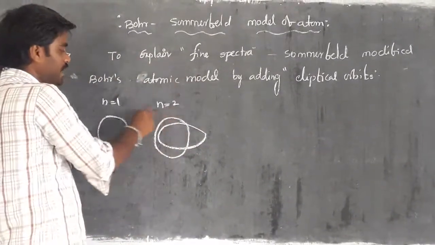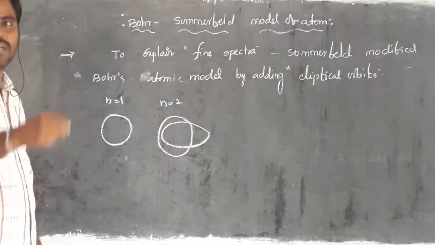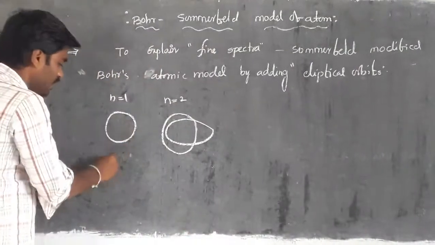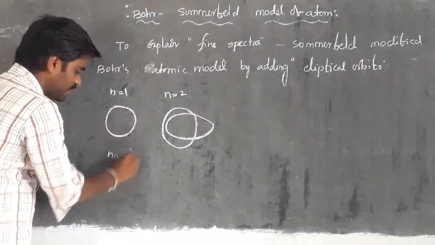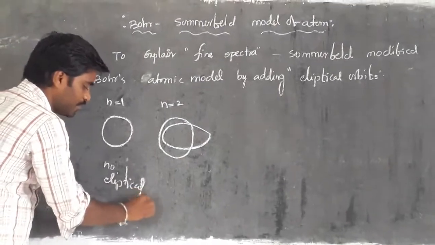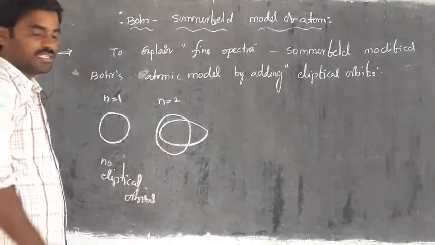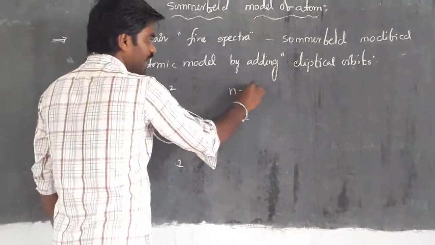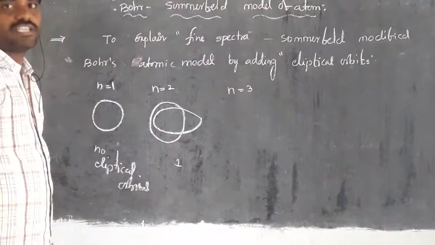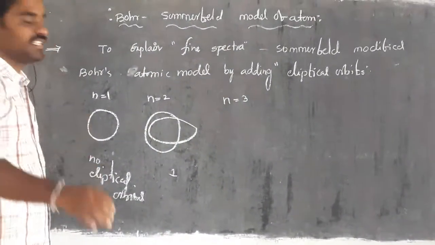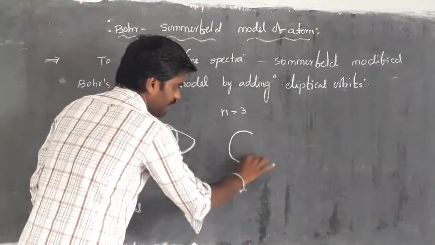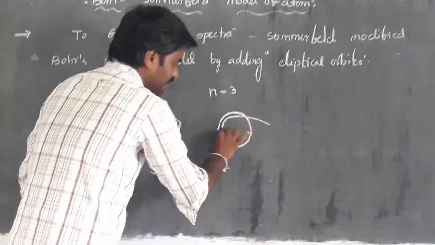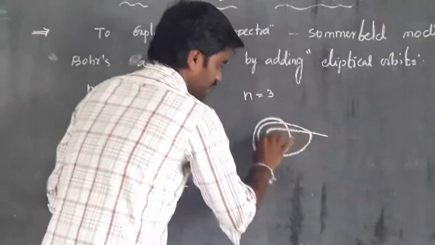Each shell exists with additional elliptical orbits. So in the first shell, no elliptical orbits are present, but in the second, one is present. Then if you take n is equal to 3, the third stationary energy shell, it has a first orbit like this, a second like this, and a third like this.